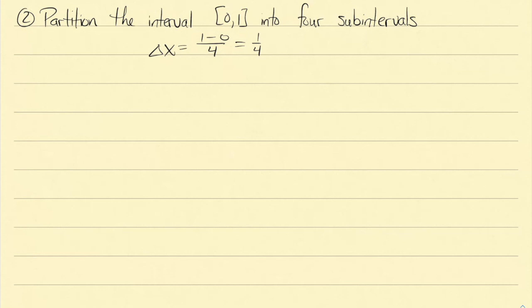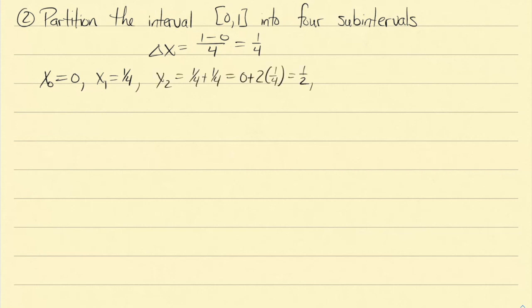So again, we start from the left endpoint, that's 0, and we call it x0. Our next point is 1/4 of a unit away from x0. The next one is 1/4 of a unit away from the first, or 2/4 of a unit away from the original.